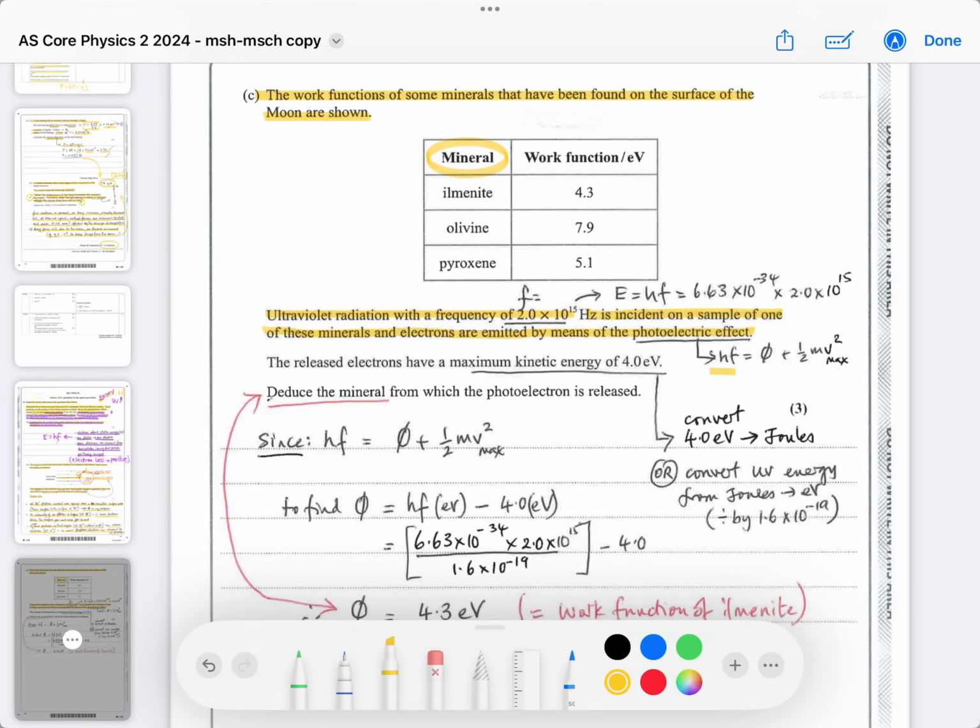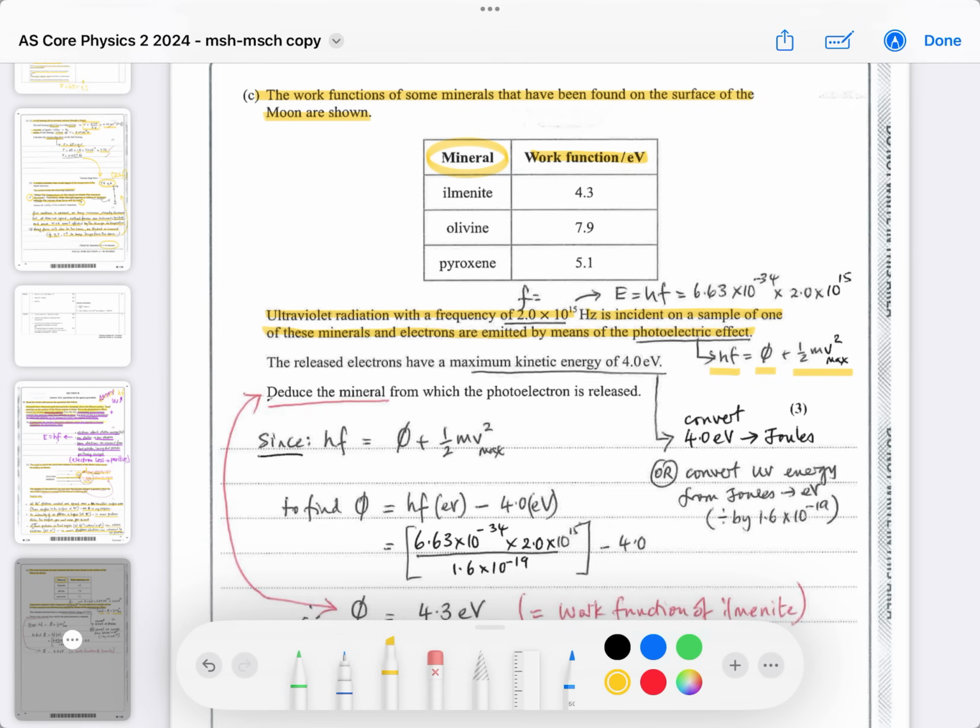So the photon energy comes in, it must be at least equal to the work function, and any excess will give you the kinetic energy. Now, the work function is the minimum energy required to get the electron to the surface of the mineral or the metal.